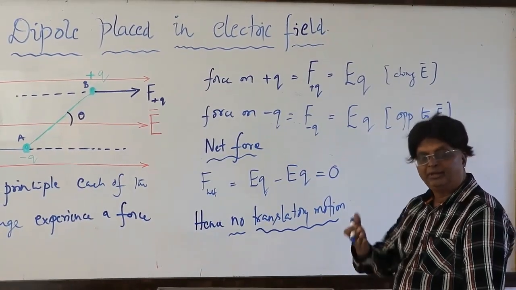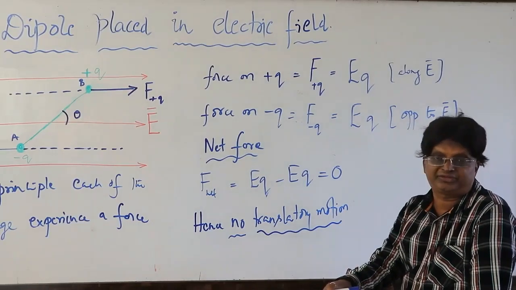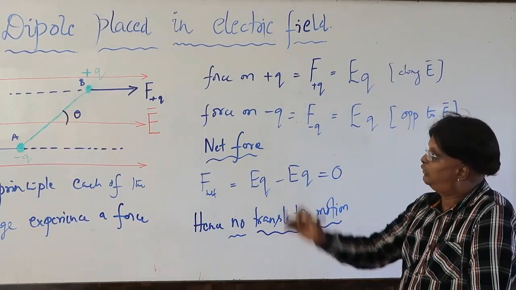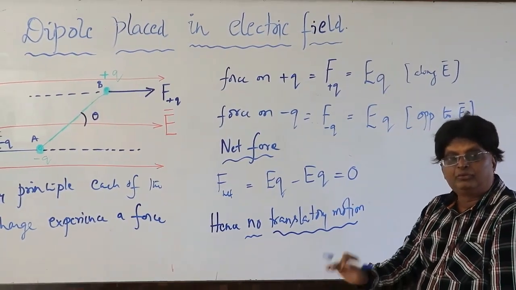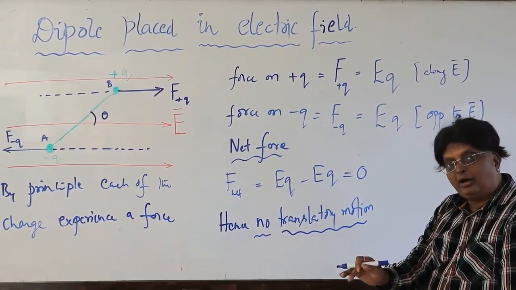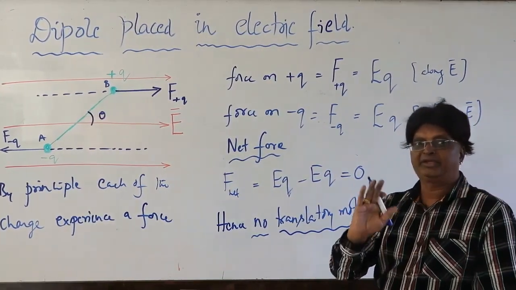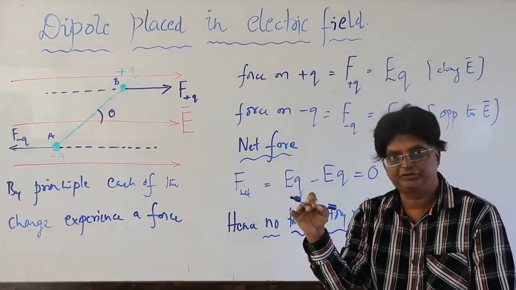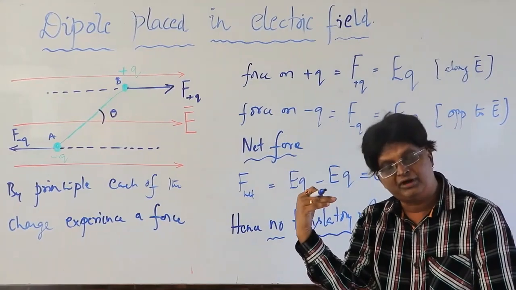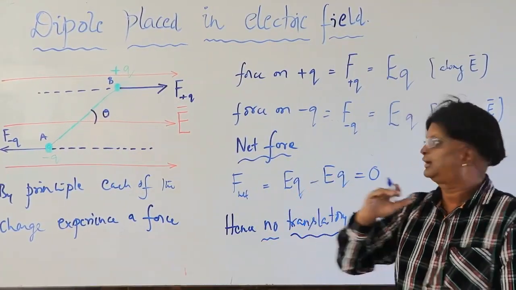Now, one more time. In the very beginning, I have told you it is simply duplication of all our first year understanding. Here these are the two forces acting: forces equal, opposite and acting along two different lines of action. Such a pair of forces is what is called a couple. So F on plus Q and F on minus Q form a couple.